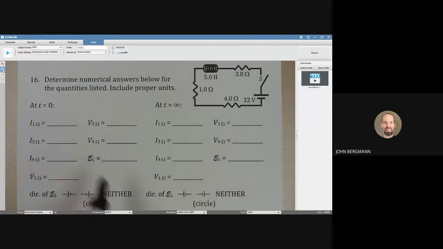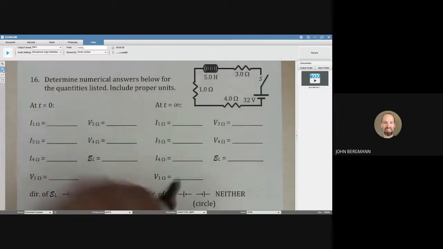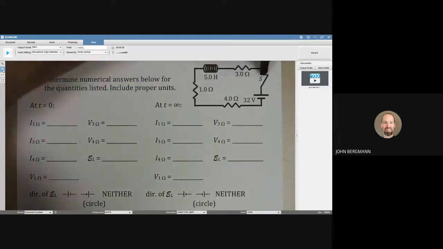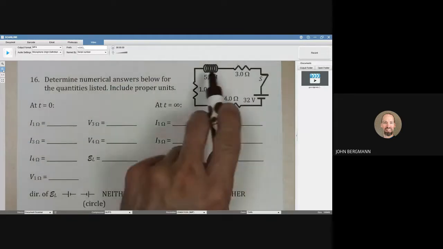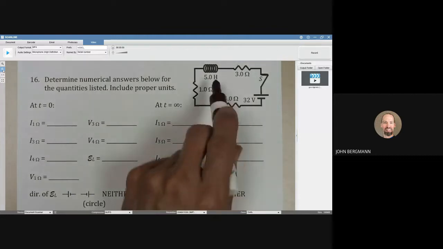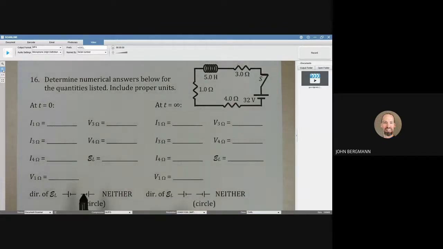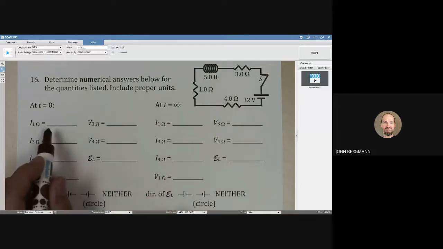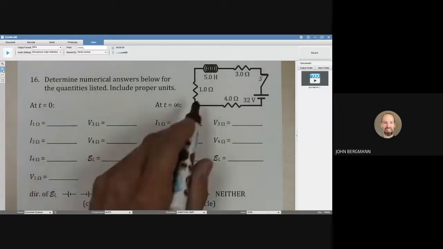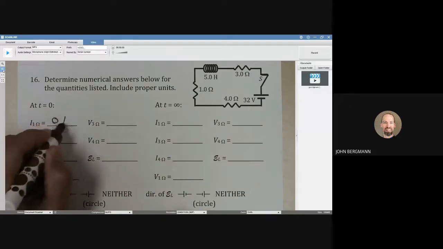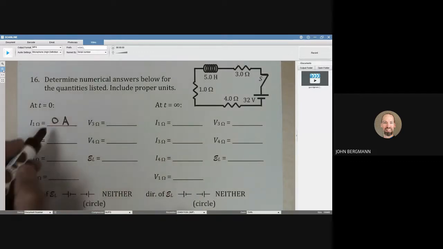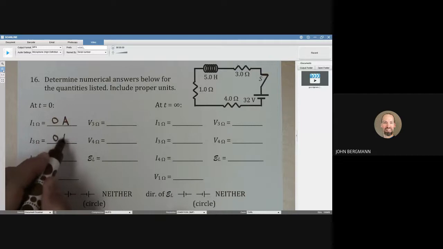At time equals 0, we're going to close this switch here. We have a bunch of circuit elements in series, including an inductor, which means that at that first instant, we're not going to have any current going through this 1 ohm resistor. We're not going to have any current going through the 3 ohm resistor.